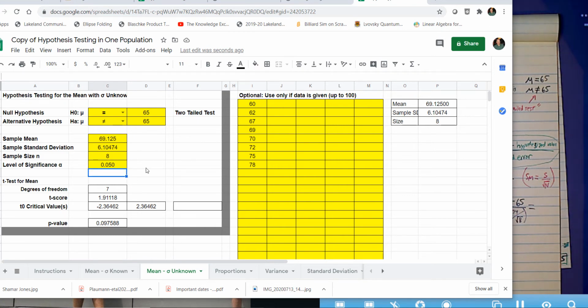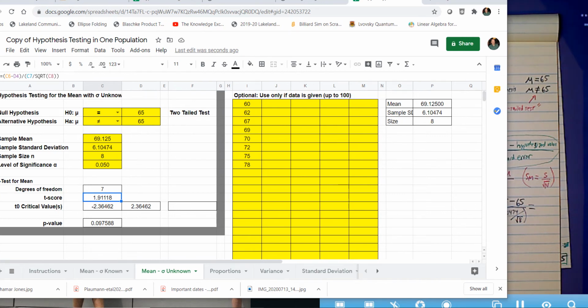Notice it computes some things for me. It computes that the degrees of freedom, that's 7. Well, that's just 8 minus 1. We've had that formula before for the t. It says that the t-score is 1.91, and it also gives me the critical values.